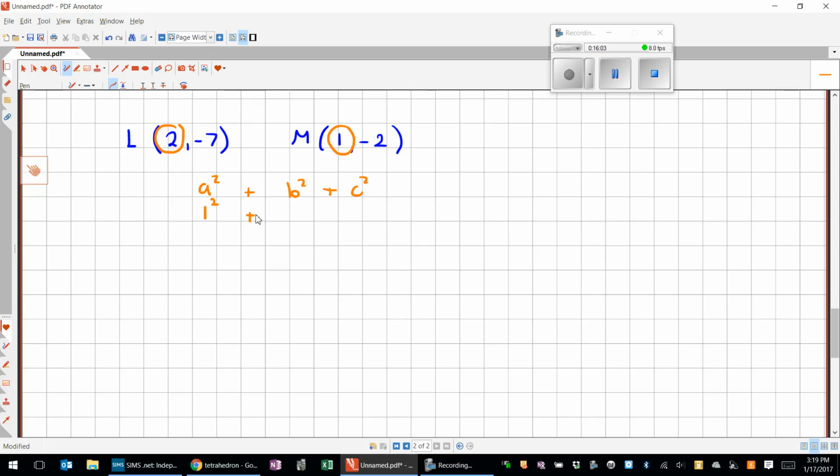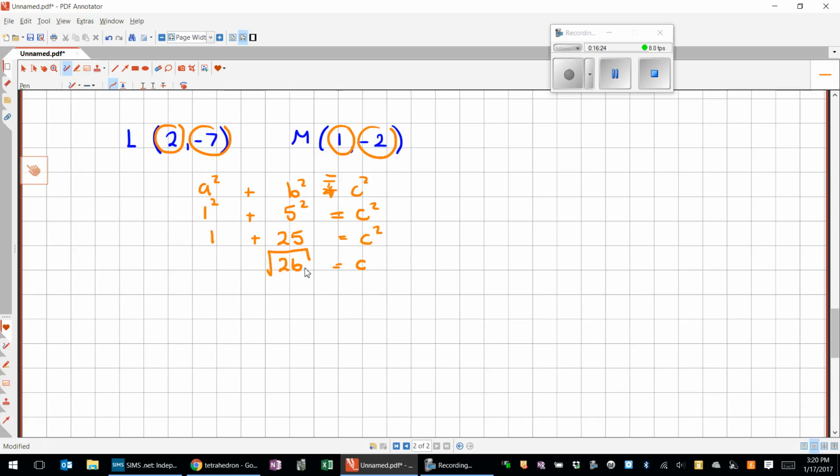Minus 7 to minus 2 is 5. Sorry, that should be an equals, shouldn't it? And that equals c squared. So then I've got 1 plus 25. So we've got c is the square root of 26.